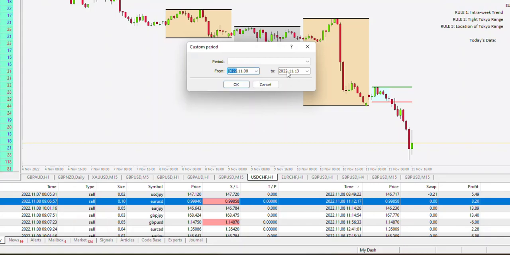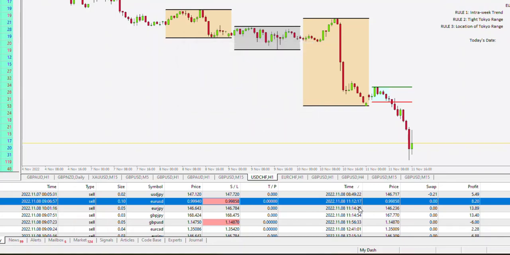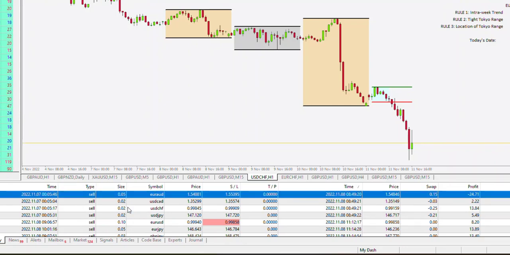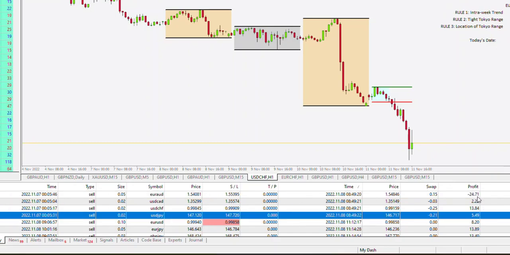So 8th to today, and you can see it includes a trade from the 7th, still one of the gap trades, and that was minus 24.